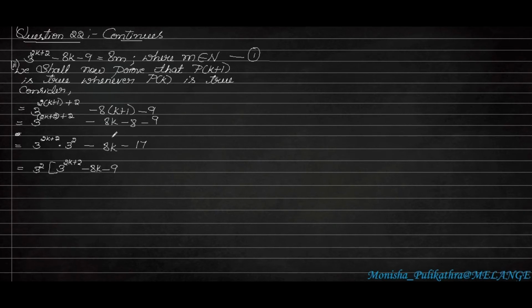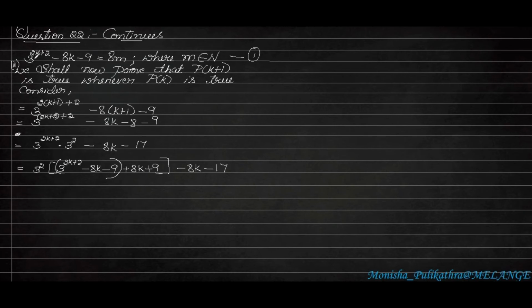But in mathematics, we can't simply substitute minus 8k and minus 9, so we have to include one more term, plus 8k and plus 9. If we cancel it also, the term will just stand there. Next, the remaining thing we have to write is minus 8k minus 17. Up to here we can equate it to the equation.